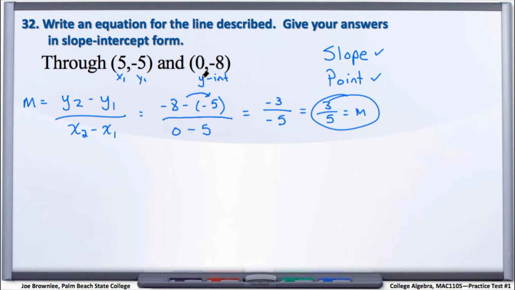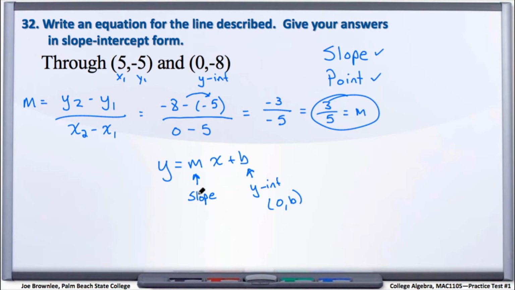So we could save ourselves some time. We know that y equals mx plus b is slope-intercept form, where m is our slope and b is the y-intercept. So (0, b), whatever b happens to be.